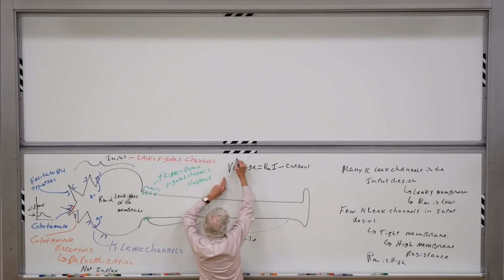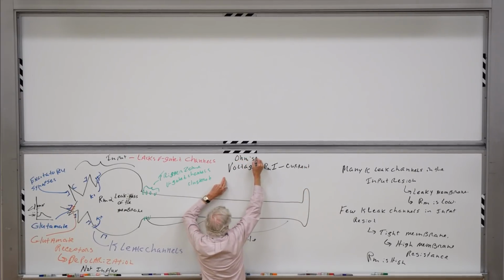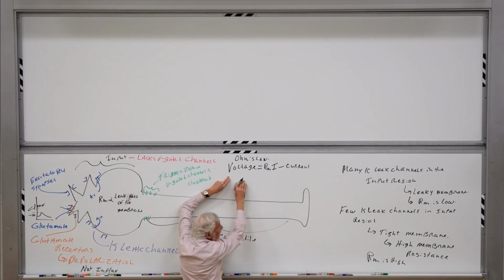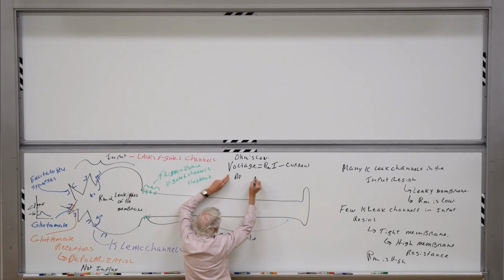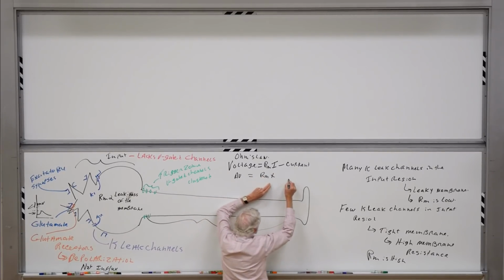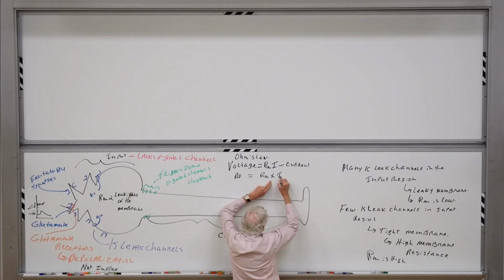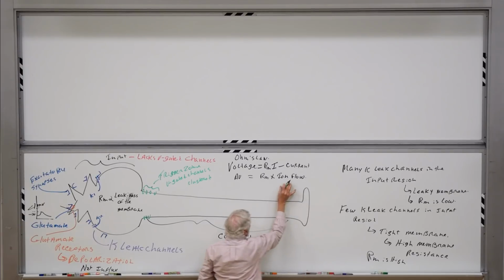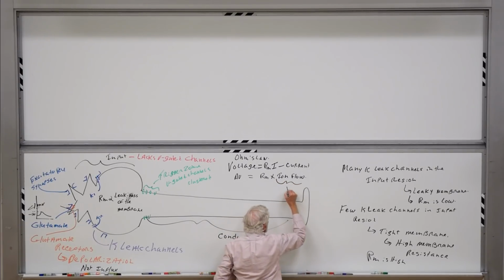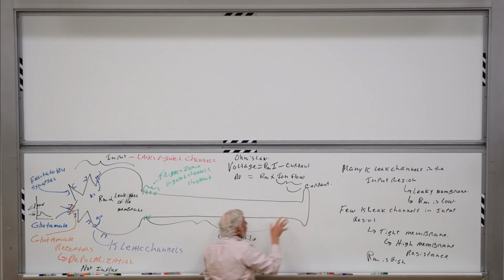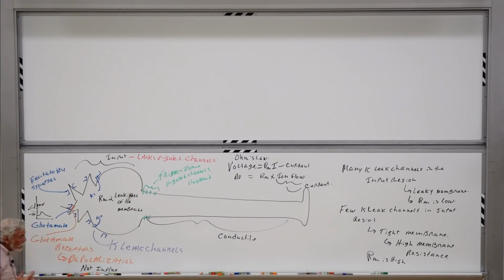This is Ohm's law. Ohm's law simply says that the depolarization of the membrane, the change in voltage, delta V, is equal to the resistance of the membrane times the ion flow. Ion flow is just another term to mean current. The current is measured in coulombs per second. It's just the number of charges moving.